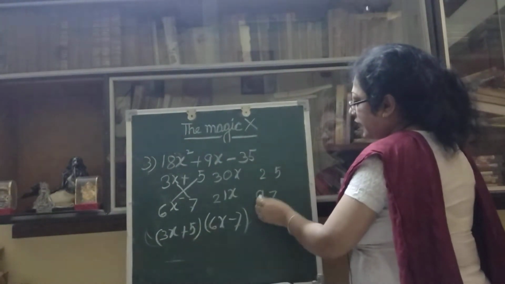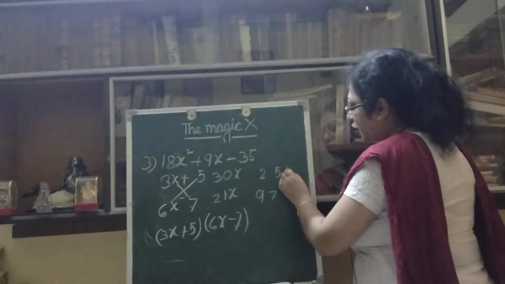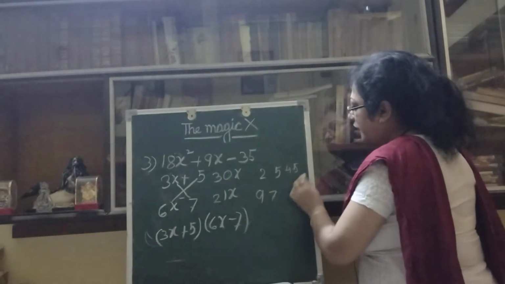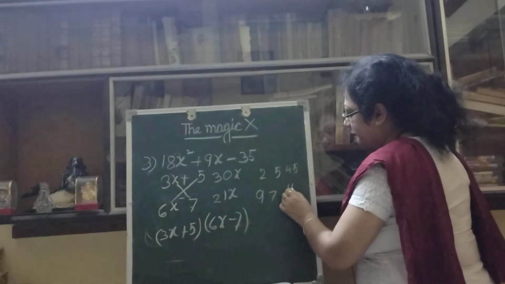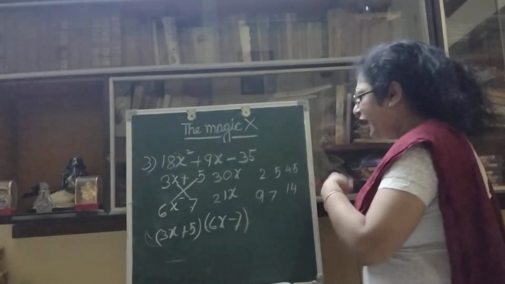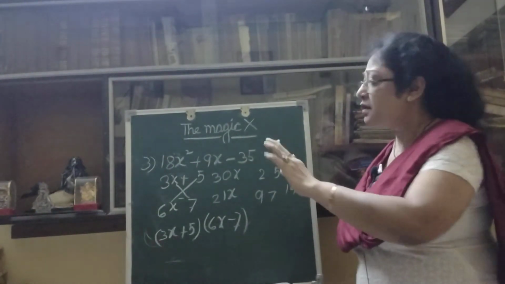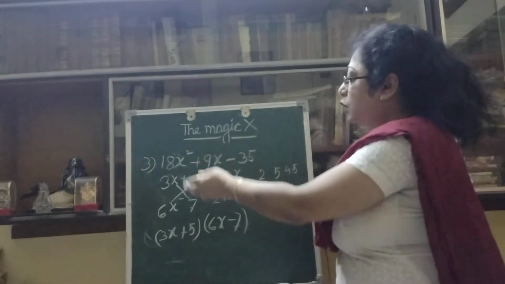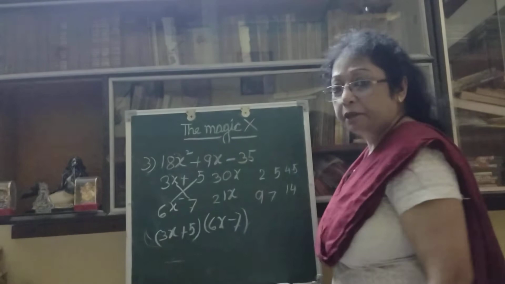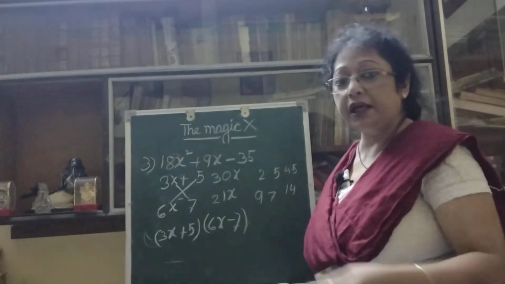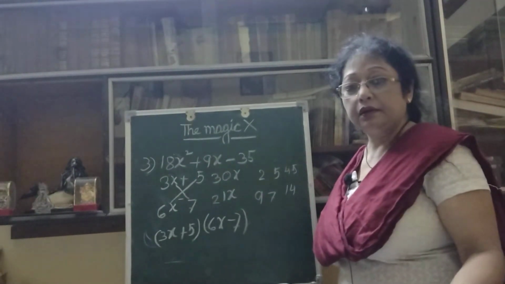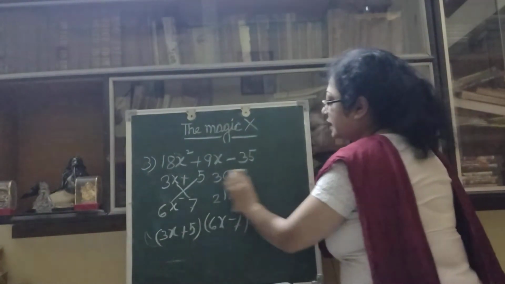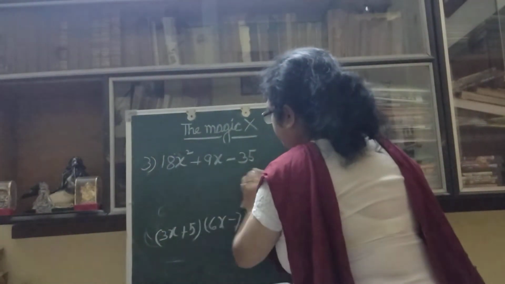You see 9 5s are 45, and 2 7s are 14. If we add or subtract, 9 will not come. So immediately you switch to 3 6. Okay, this way you can understand which factor we can take.